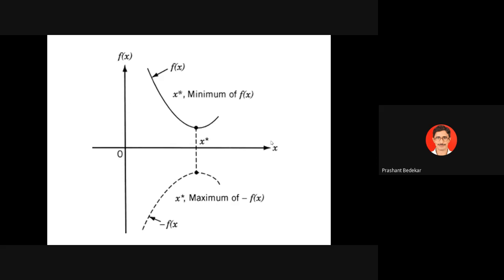And the minimum occurs exactly at x equal to x star. So the optimum point remains the same. So far as the value of the function is concerned, you will get the minimum value, multiply that by -1, and you will get the maximum value of the original function. So this is how a maximization function can be converted into a minimization function, just by multiplying the objective function by -1.